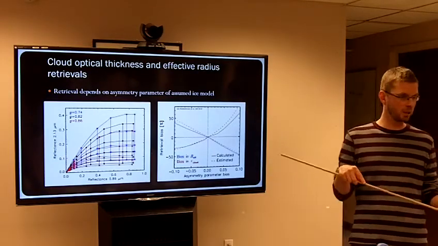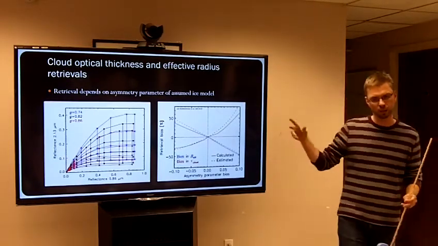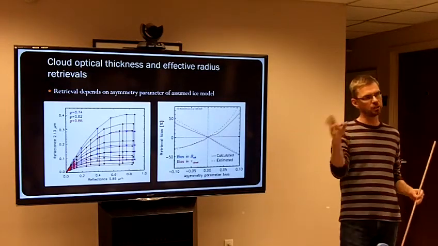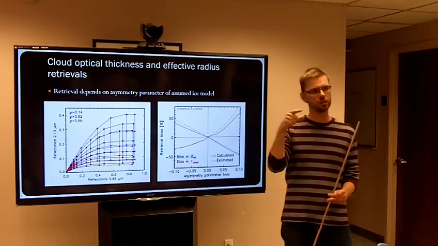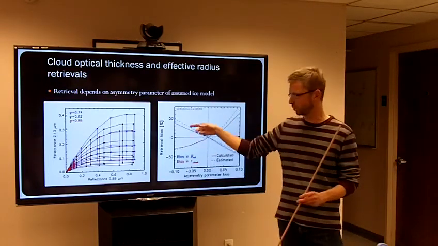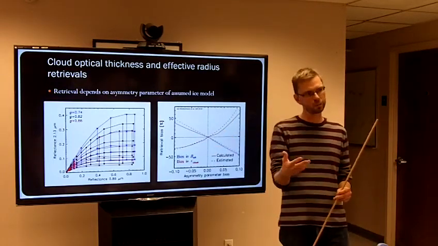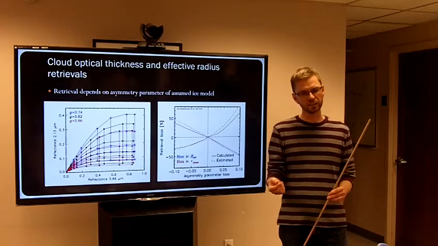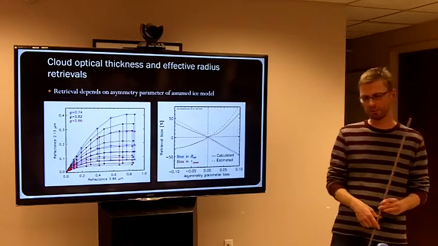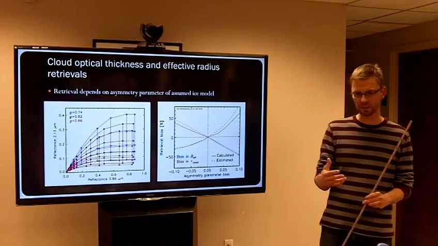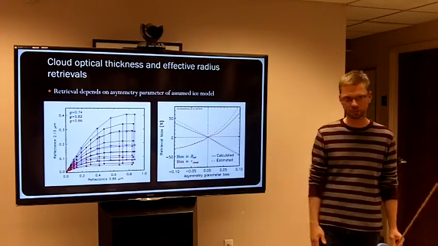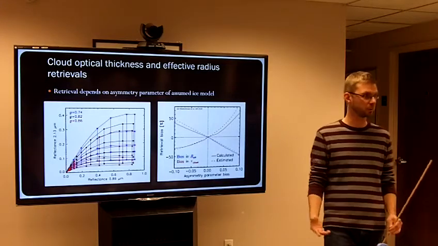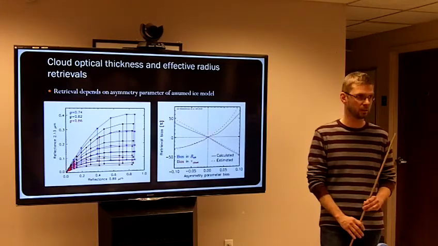Ping Yang was here last week, and in one of his talks he showed a different kind of scaling, which does use the G at the shortwave wavelength and the omega. But if you look at the outcomes, this scaling actually seems to work better than the scaling that he was talking about.